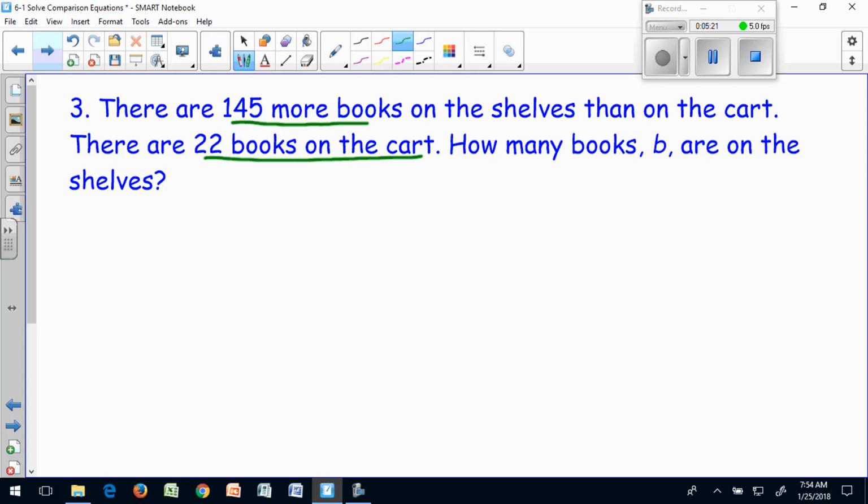It does not say times more or times as much, so I know that this is going to be addition. So I'm starting with 22 books on the cart plus 145 more on the shelves. That's going to give me my variable B.